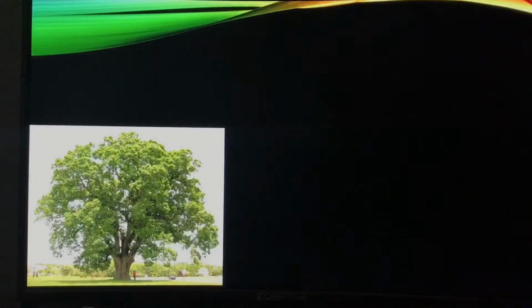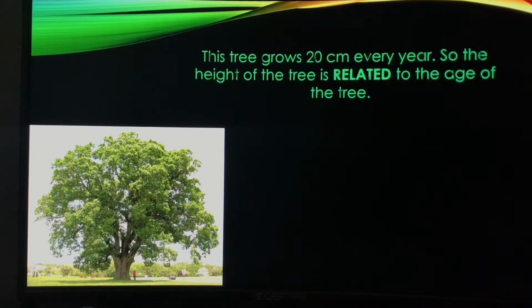Let's take this tree, for example. This tree grows 20 centimeters every year. So every time we hit a new year, it grows 20 centimeters. So we could say that the height of the tree is related to the age of the tree. When we're dealing with math and functions, we want to always specify a variable.